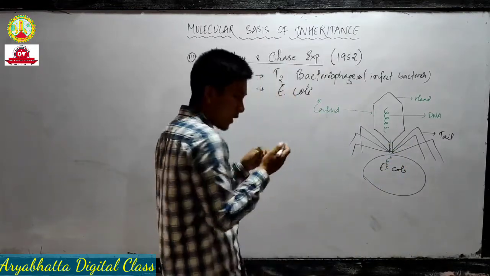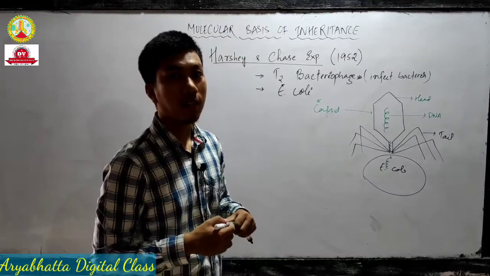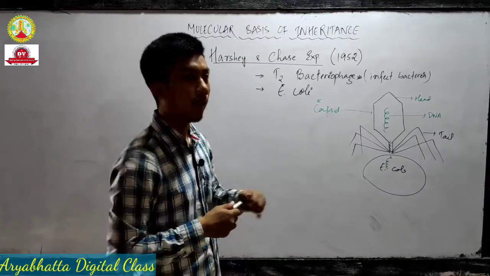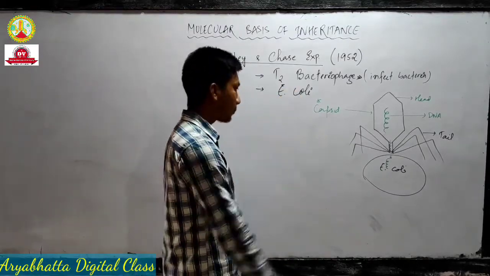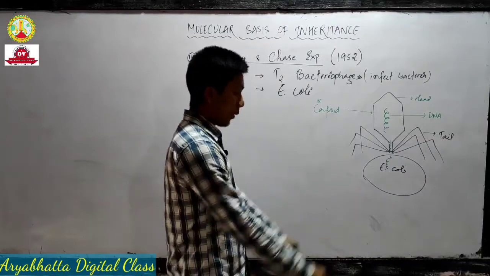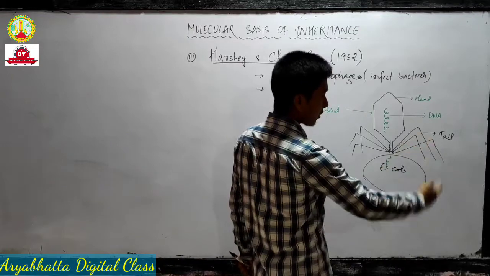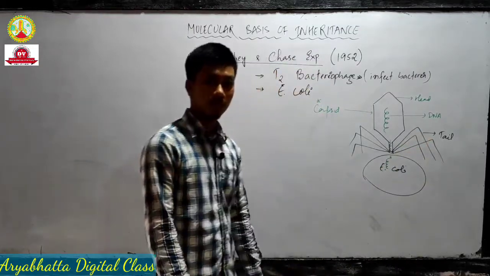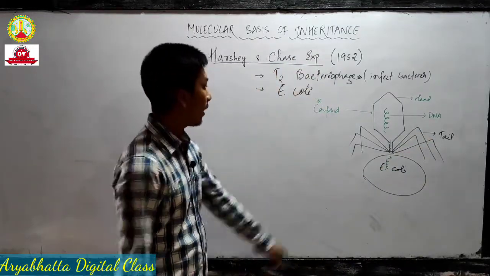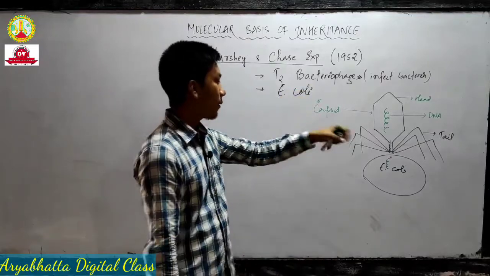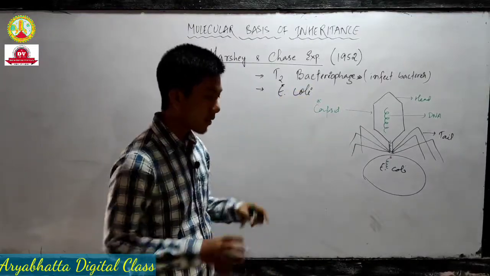The green color here is the bacterial virus DNA, the T2 bacteriophage DNA. Then this DNA will reproduce inside the bacterial body. So that's how this virus infects bacteria. This is the basic thing.